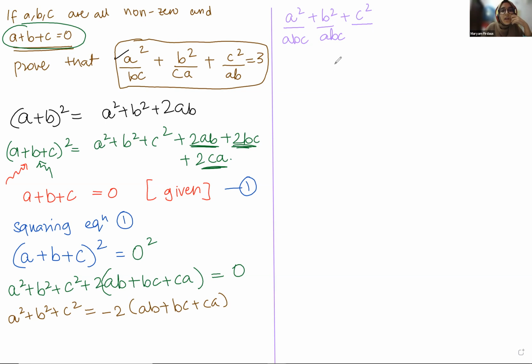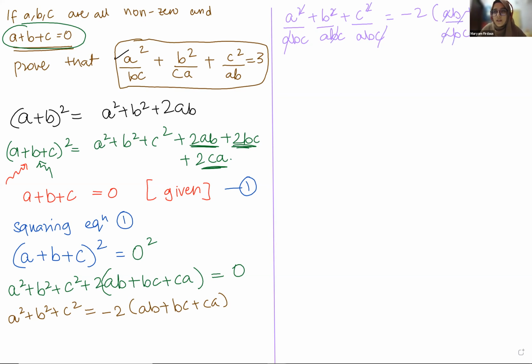Or maybe I think we shouldn't use this one. You know why? I'll tell you. When we divide the whole thing by ABC, what happens is, over here this A and this A get cancelled, this B and this B get cancelled, this C and this C get cancelled.